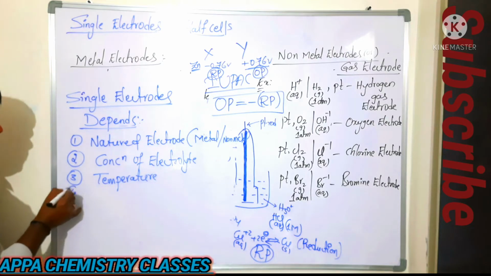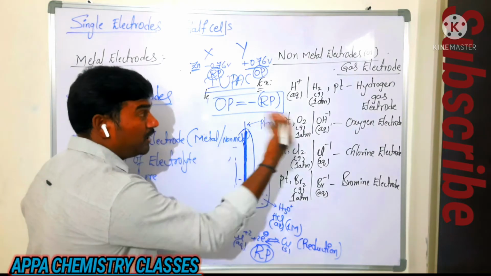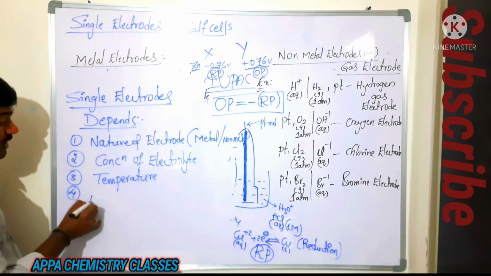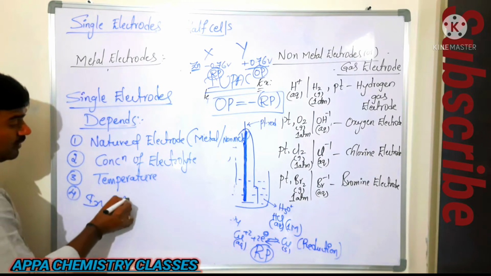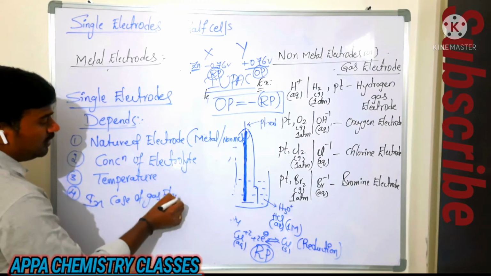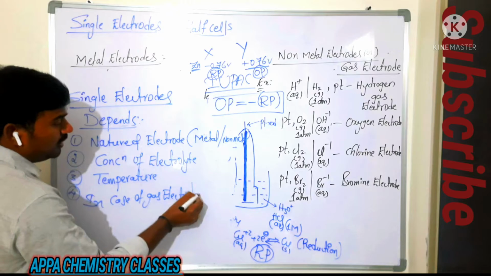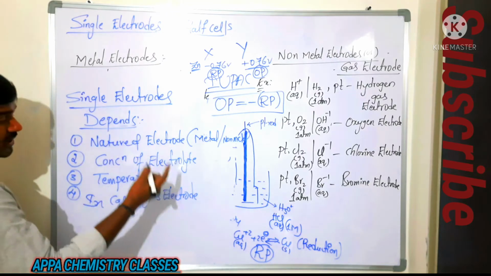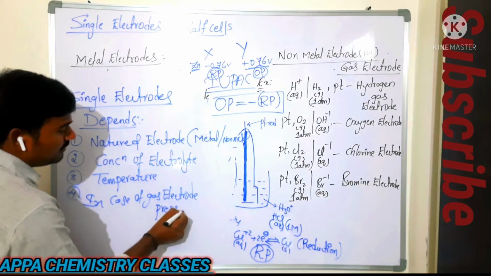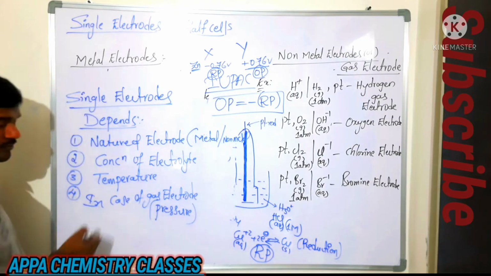And the fourth one is, in case of a non-metal electrode, that is a gas electrode, it depends on the pressure. In case of a gas electrode, it depends on the pressure.